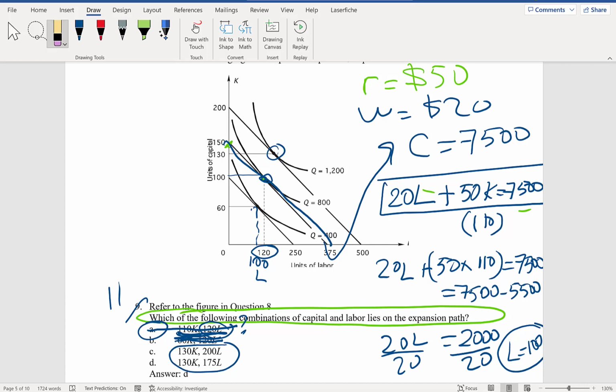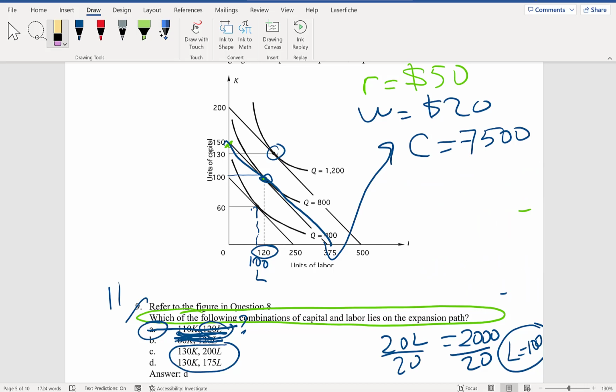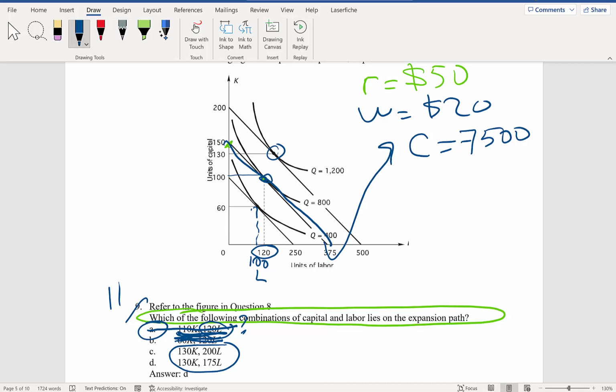Okay, next we are going to try C and D. So next it's talking about another expansion path. We're going to go to that equation. So 130.